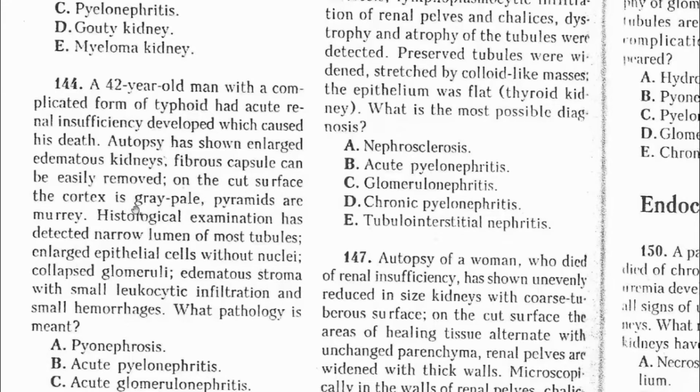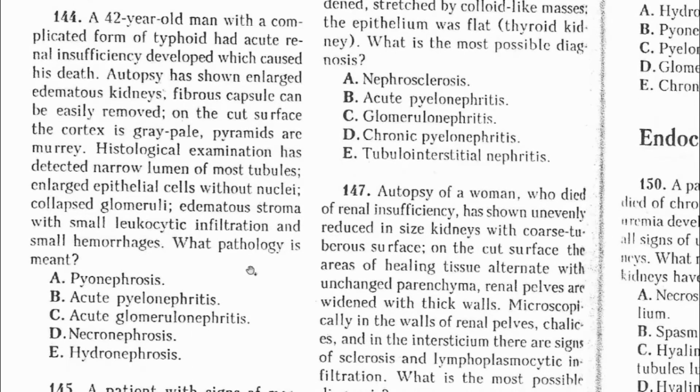On the cut surface, the cortex is grayish, pyramids are dark red. In the lumen of most tubules, enlarged epithelial cells without nuclei, collapsed glomeruli, edematous stroma with small leukocytic infiltration and small hemorrhages. What pathology are we talking about? It's the same guy, talking about what? Necronephrosis. Necro, same as previous.